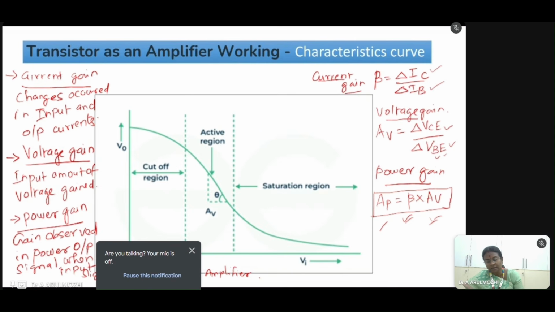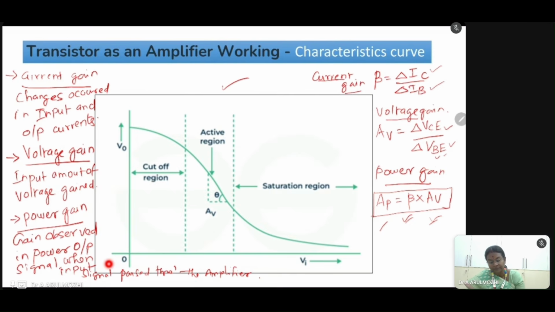Okay, so here we have given the transistor as an amplifier working characteristics curve. This curve is divided into three parts: the cutoff region, saturation region and the active region. As we completed earlier, the cutoff region and the saturation region act as a switch.